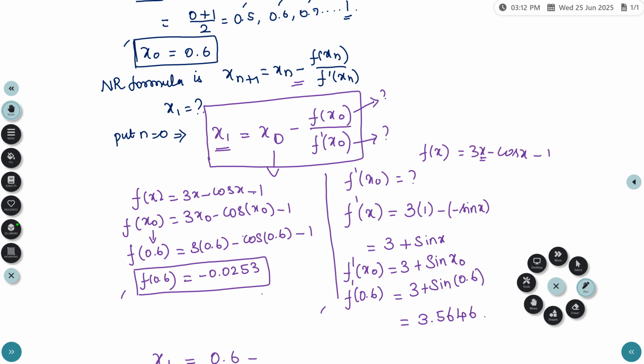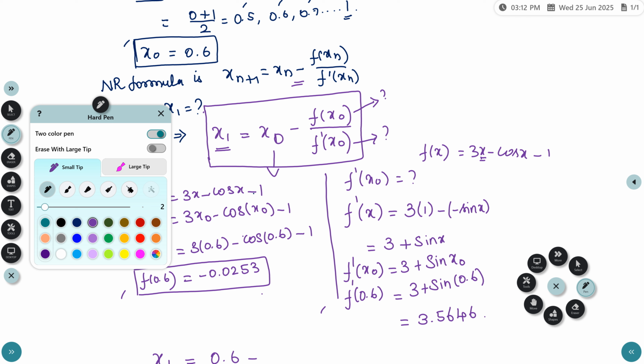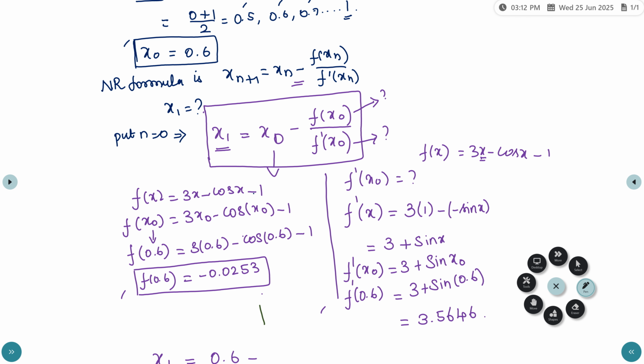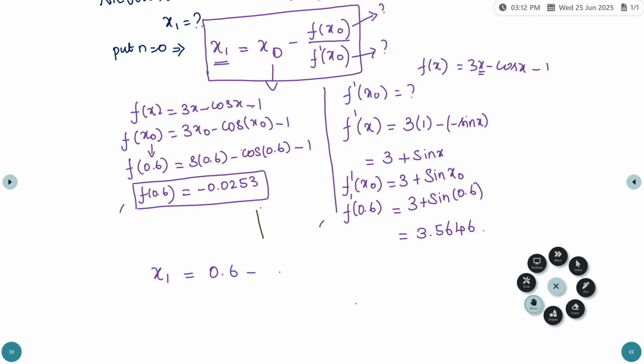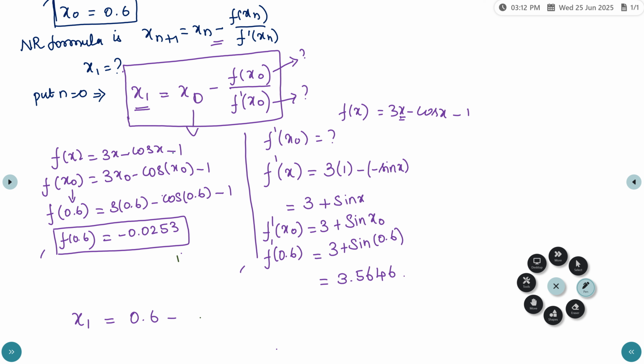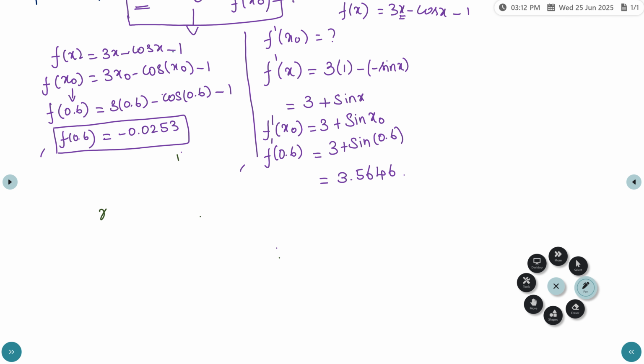So x1 equal to x naught, 0.6, minus f of x naught, minus 0.0253, divided by f dash of x naught, which is 3.5646.